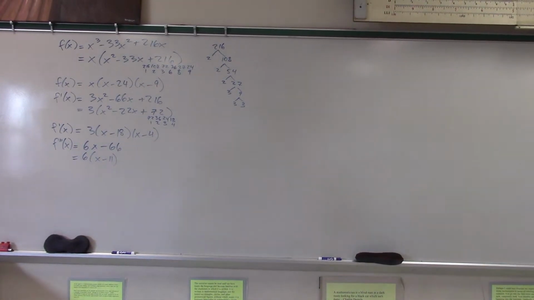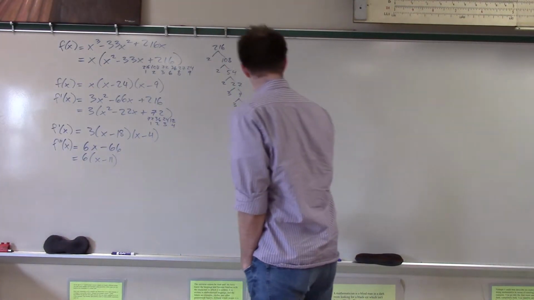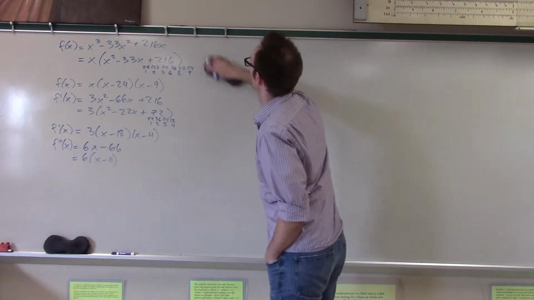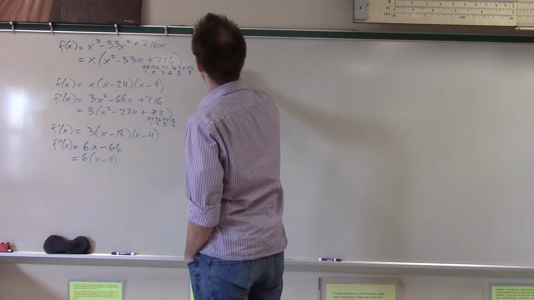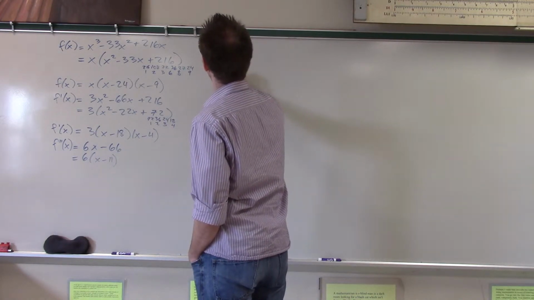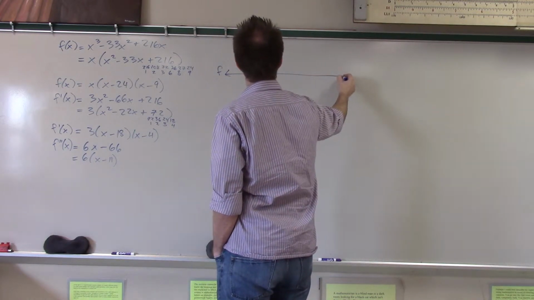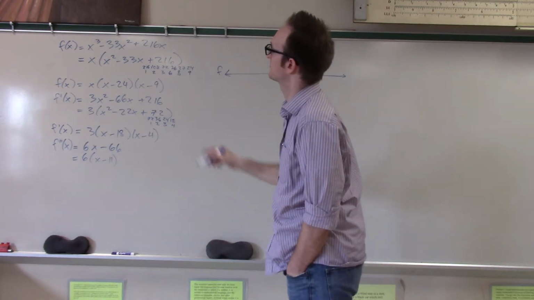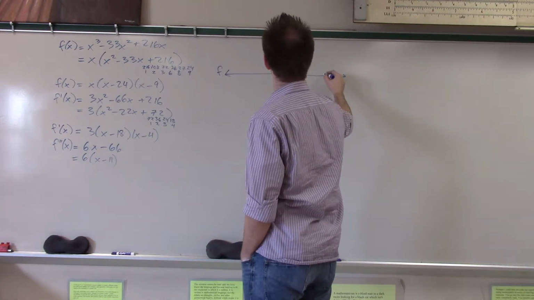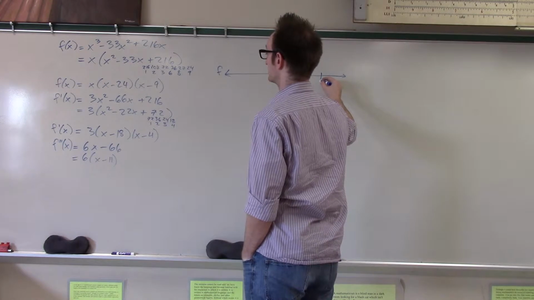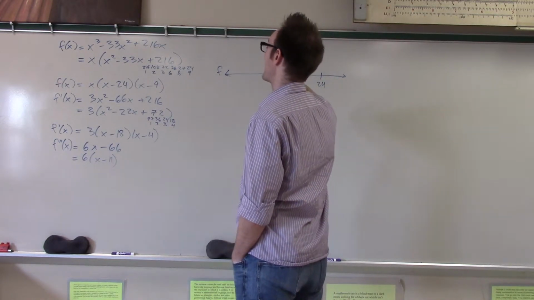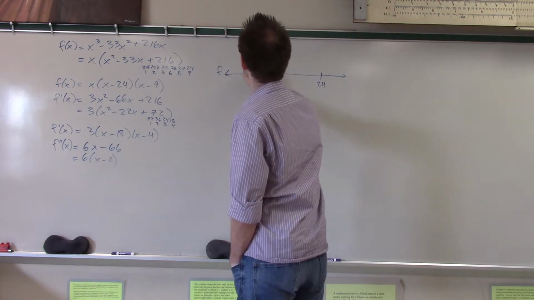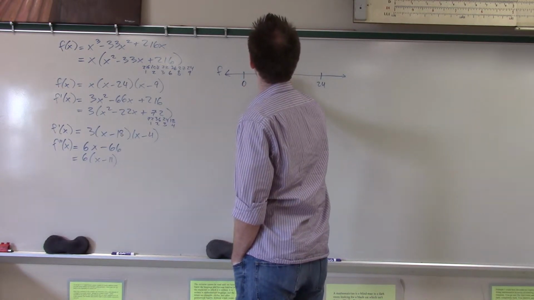So what we're going to do is make some nice number lines. Well, I'll first make a number line for the function. And what I have just learned is that this function has roots at 0, 9, and 24.